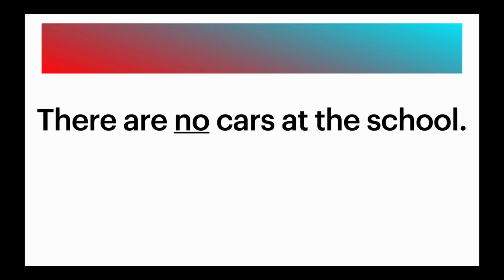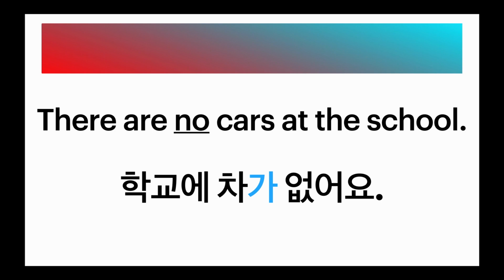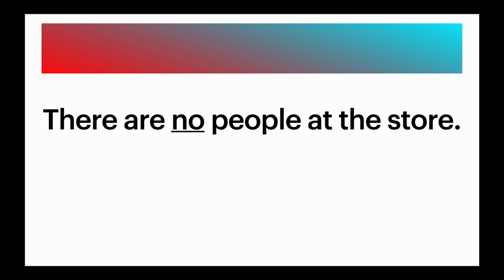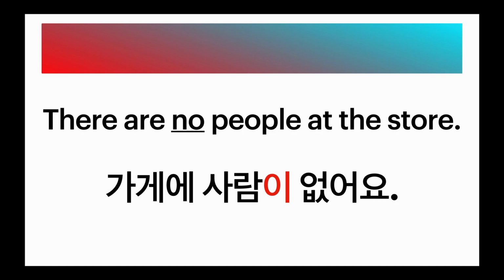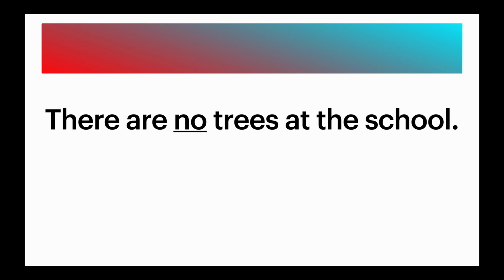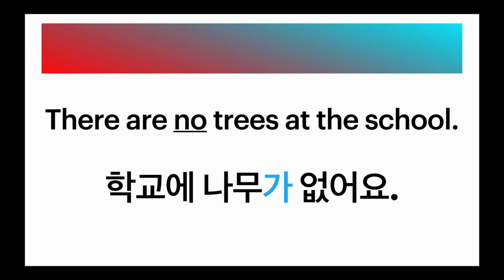There are no cars at the school. 학교에 차가 없어요. There are no people at the store. 가게에 사람이 없어요. There are no trees at the school. 학교에 나무가 없어요.